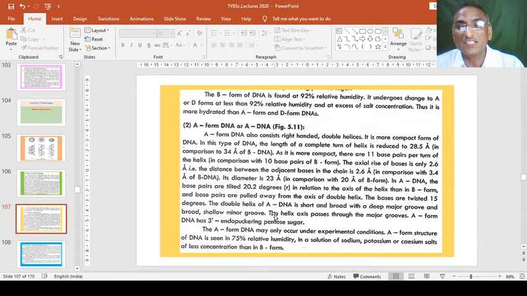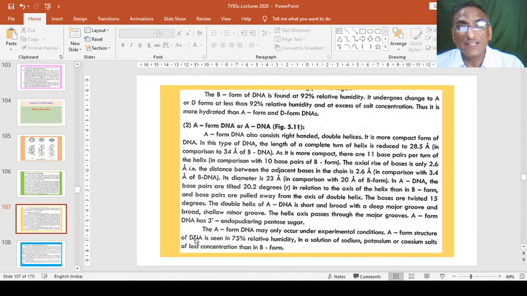The double helix of aDNA is short and broad, with a deep major groove and a shallow minor groove, and the helix axis passes through the major groove.